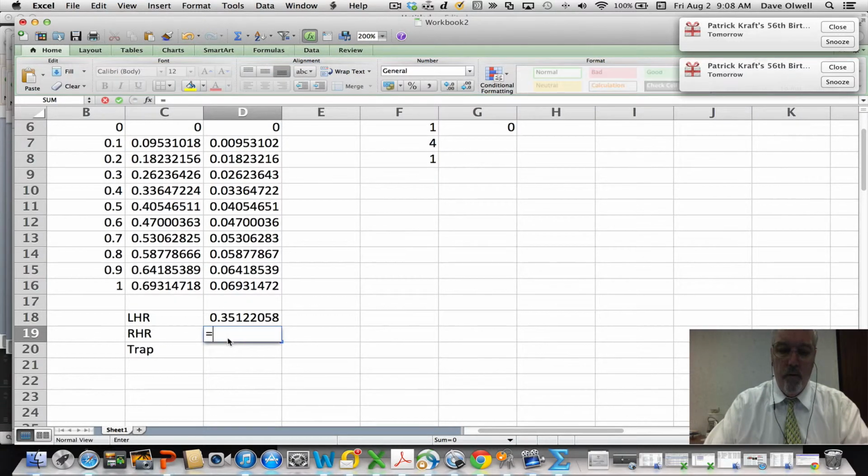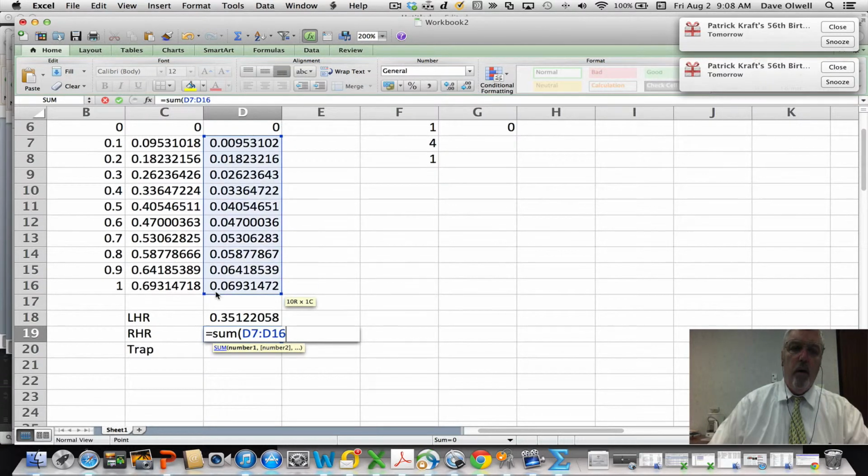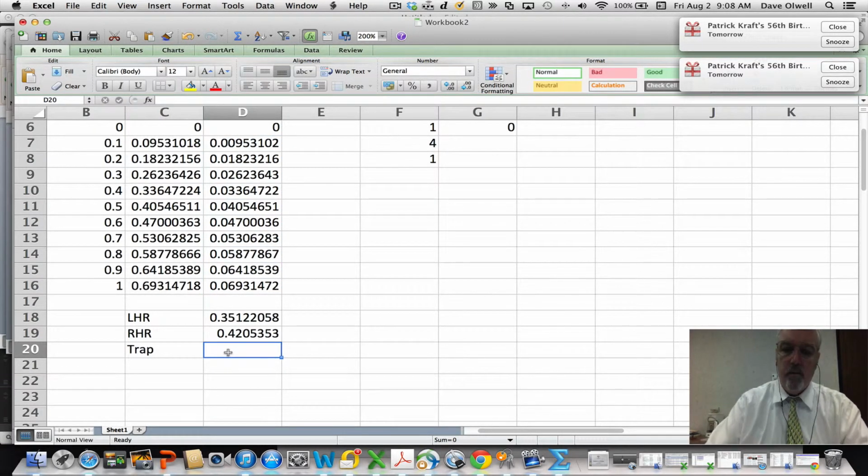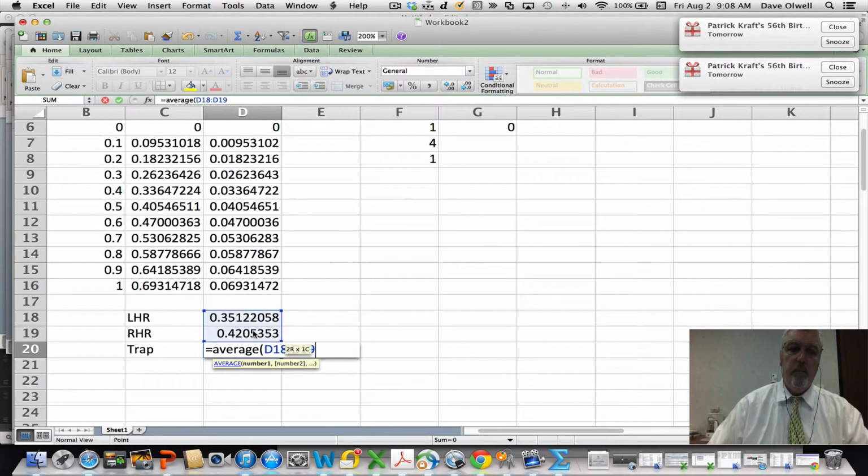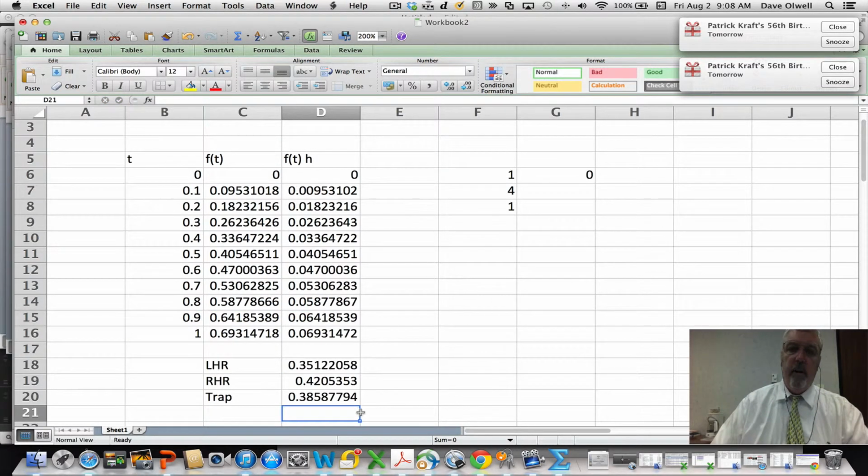And the right-hand rule is just going to be the sum of the ones that start with 0.1 and go to 1, because those are the right-hand sides. And then the trapezoidal rule is just the average of those, which is 0.385.